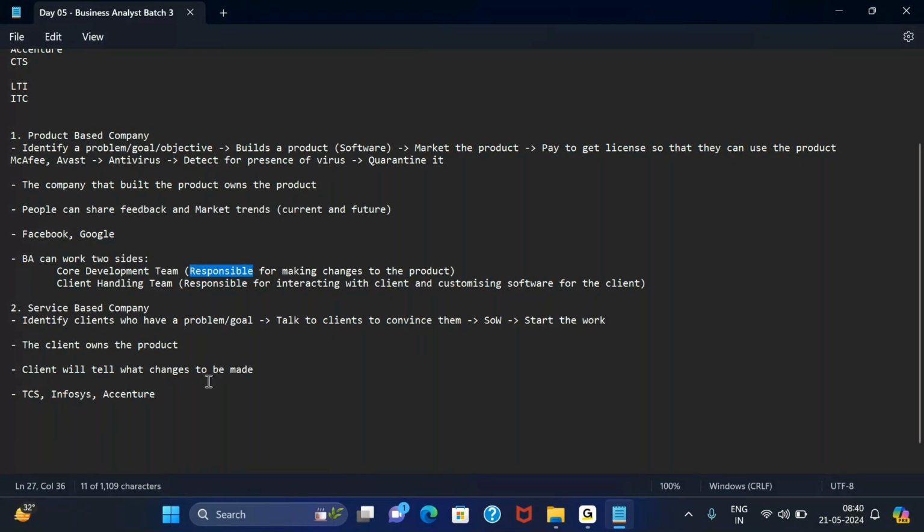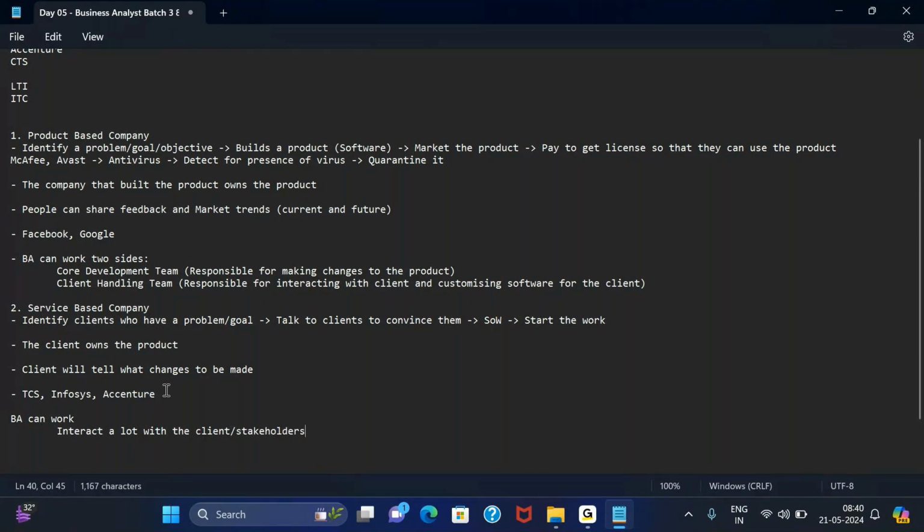Okay, now on the service based company side, obviously we don't have two different teams like this. So what we do is we interact a lot with the client, or you can call them the stakeholder as well.